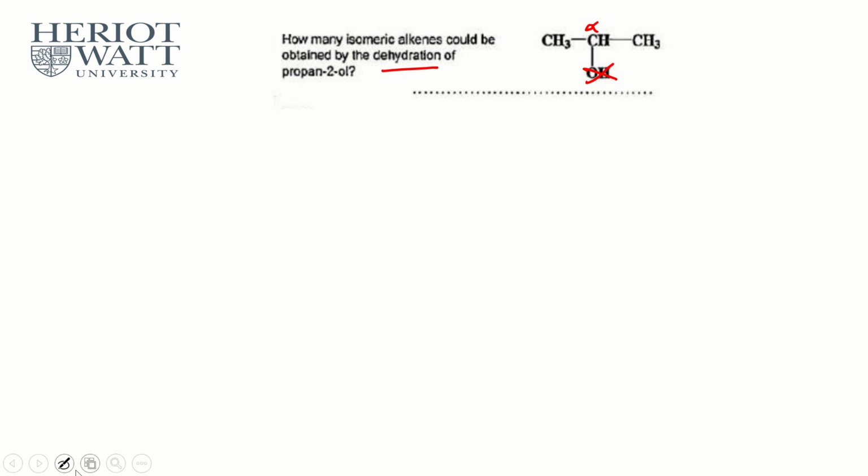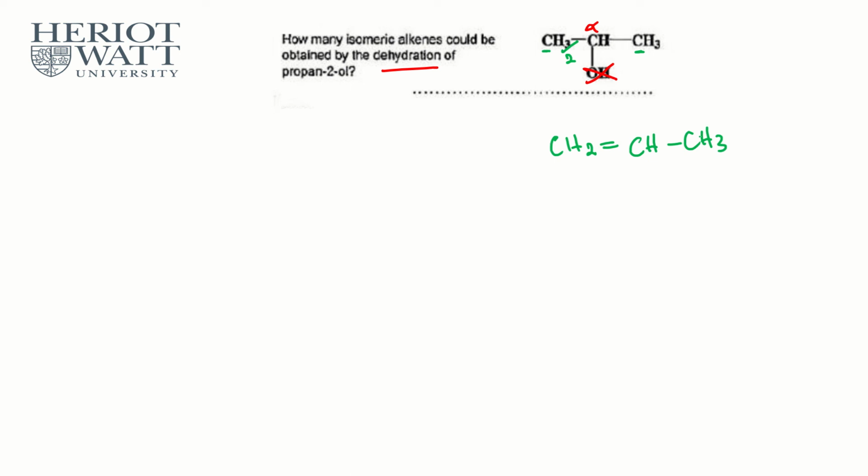How many adjacent carbons do we have in this structure? We have here and here. And both are the same because it's symmetrical. So it doesn't matter which carbon you remove the hydrogen from. Either way will give you the same alkene, right? So let's say I'm removing the hydrogen from here, CH3 becomes CH2, so you will get CH2 here. Double bond now, CH remains the same, CH3 remains the same.